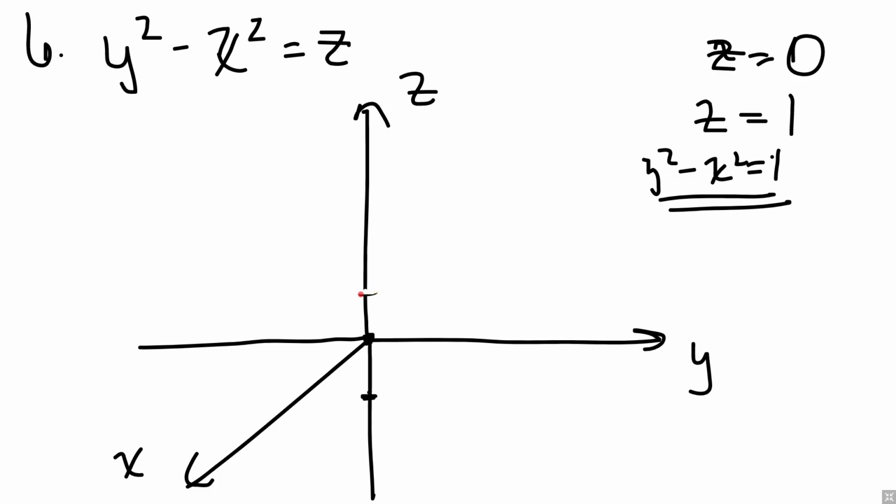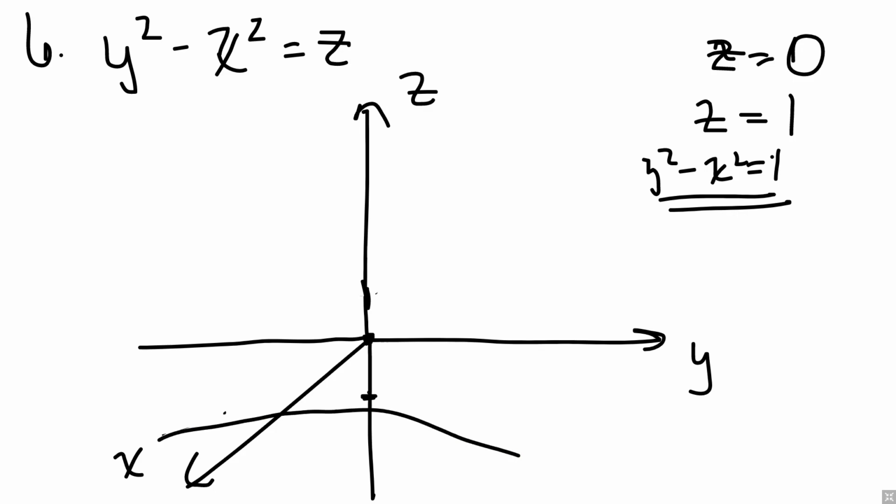Let's look at it in terms of z equals -1. Okay, so if we do that, all it's going to do is switch the variables around. So essentially, and this is going to be kind of a sketch on my part, we're going to have a piece of hyperbola here.